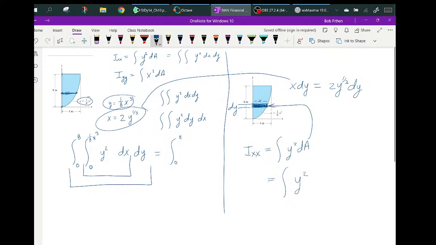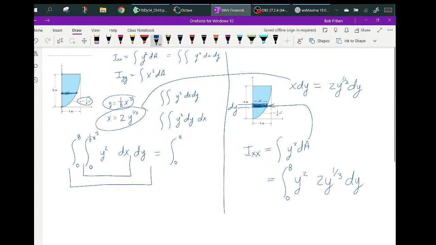Y squared, and dA is going to be 2y to the 1/3 dy. And then he's going to run that from 0 to 8. This is what he does. Takes his bar, runs it left and right, and does that.